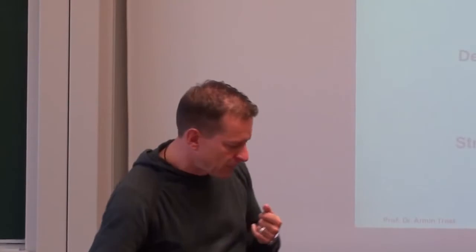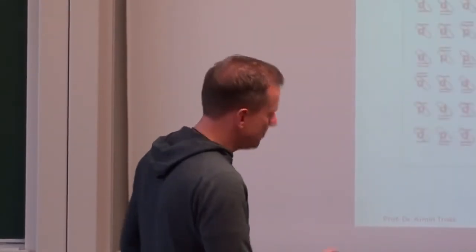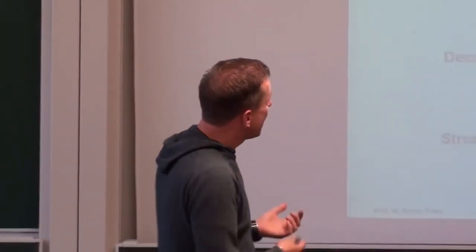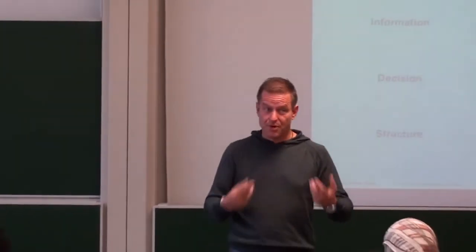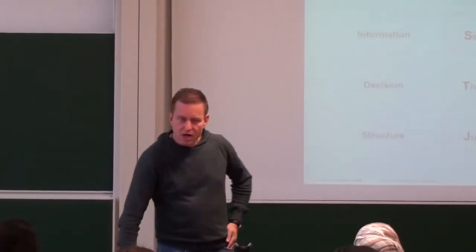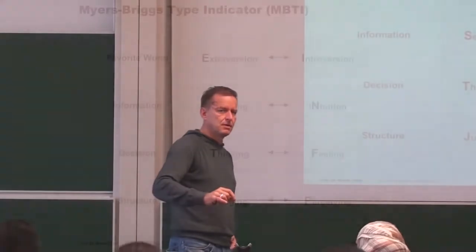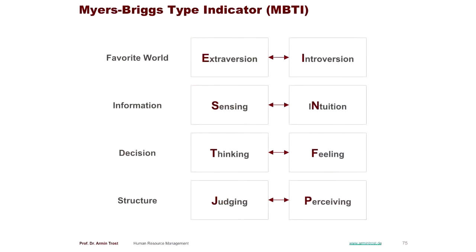And to explain this, I should show you a test, which is probably the most commonly used test in practice. It's the so-called Myers-Briggs Type Indicator, MBTI. And I show you this because in this test you find the typical dimensions which we use in personality tests.